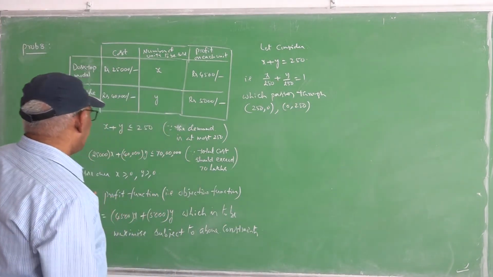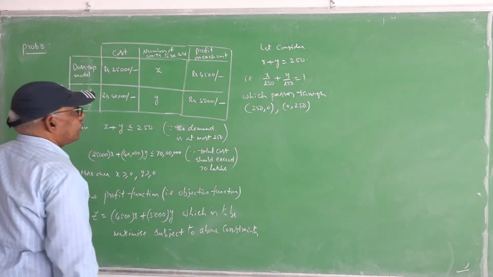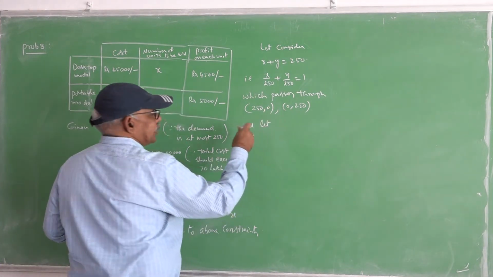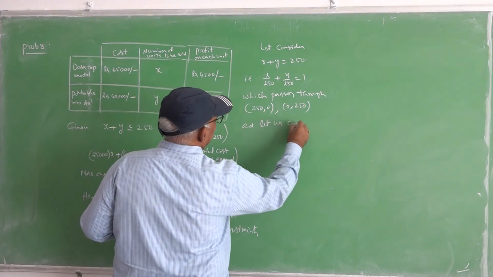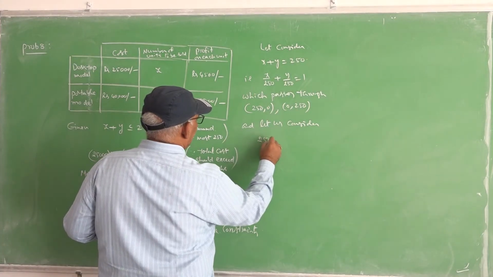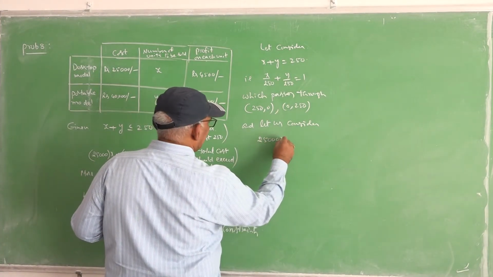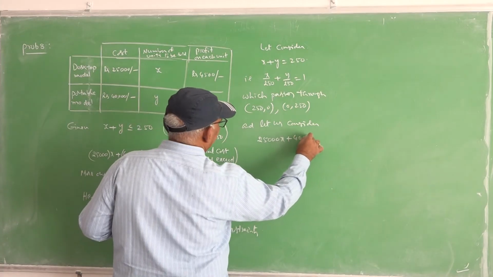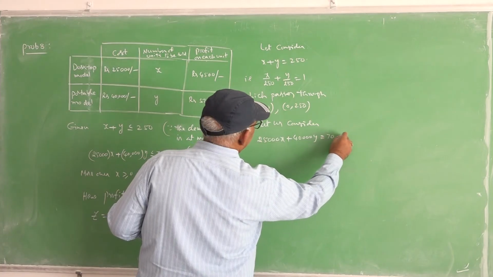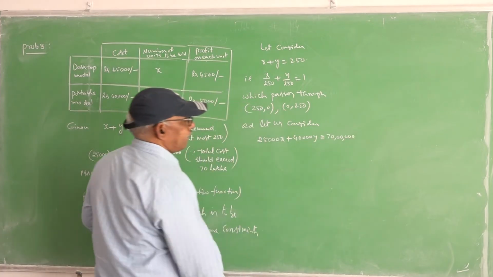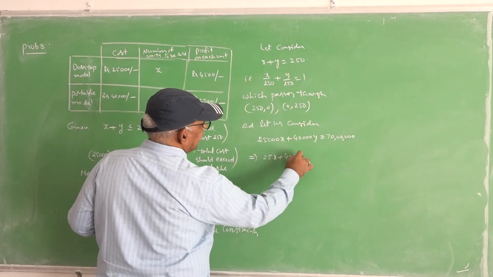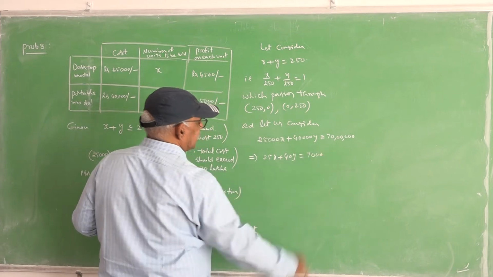The second one is here, and let us consider from other constraint 25,000 X plus 40,000 Y is less than or equal to, that means equal to 70 lakhs, implies 25X plus 40Y equal to 7,000.